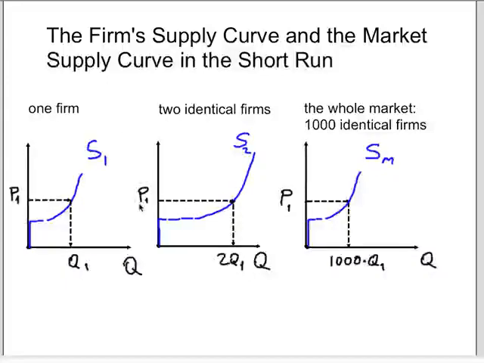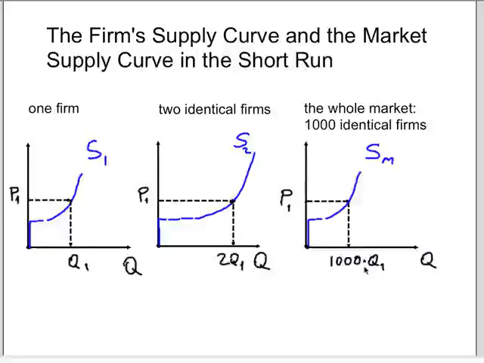This is for one company. And for two companies, well, if they're identical, then the output will just double. So if we have two identical firms having the same supply curve as this one, then at price P1, we will get quantity supplied doubled.